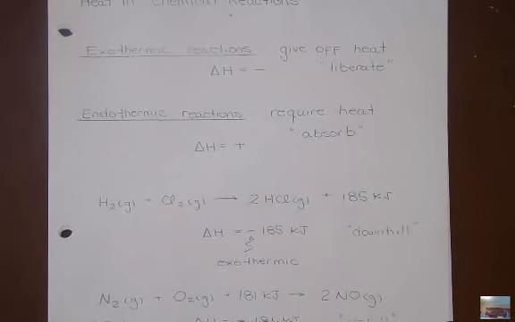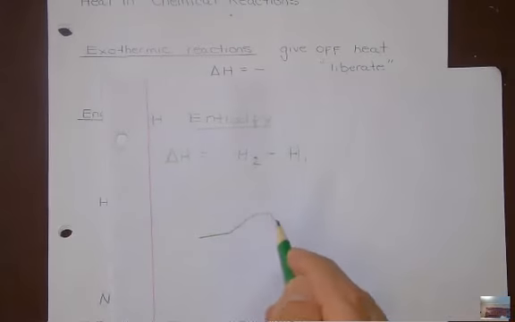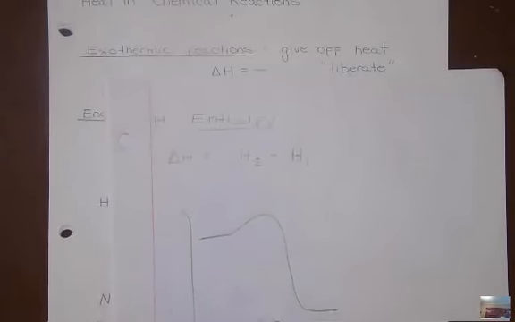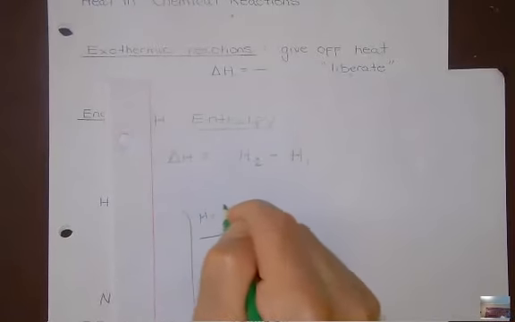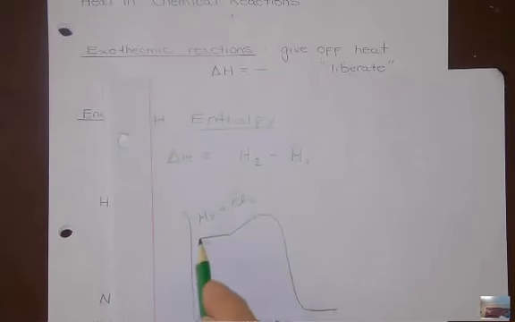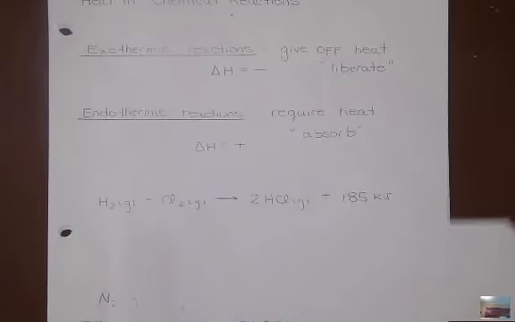It's downhill. The products are much lower in energy than the reactants. So here's the reactants, the H2 and the chlorine. They are more unstable. Their bonds are weaker than the products, the 2HCl. Those guys are the stronger ones. How much is this downhill process?